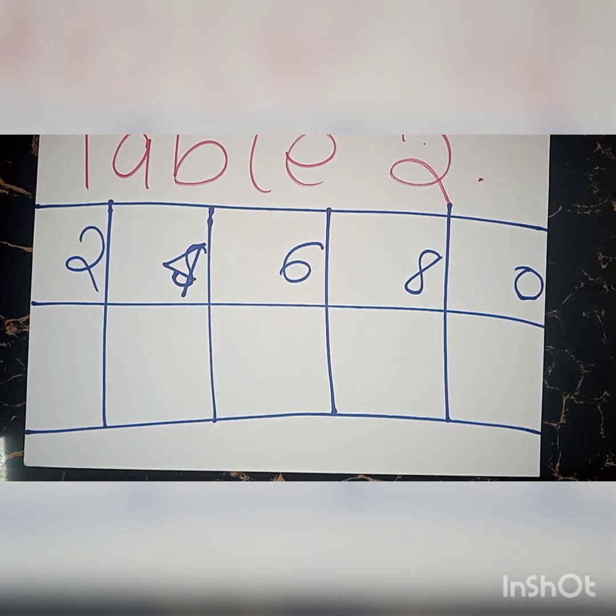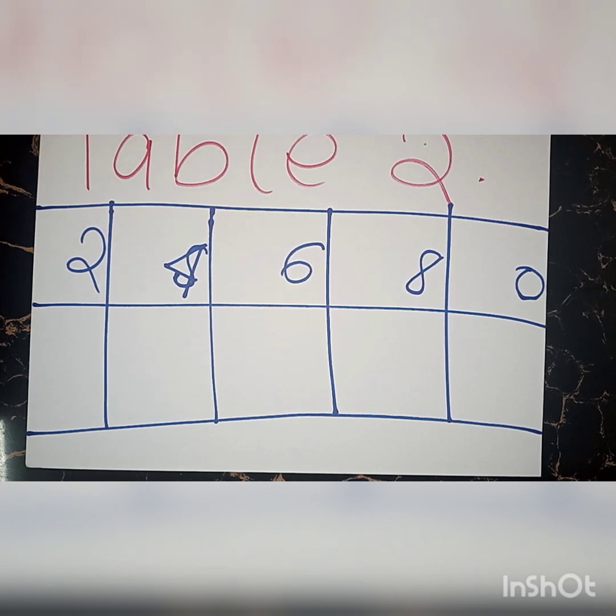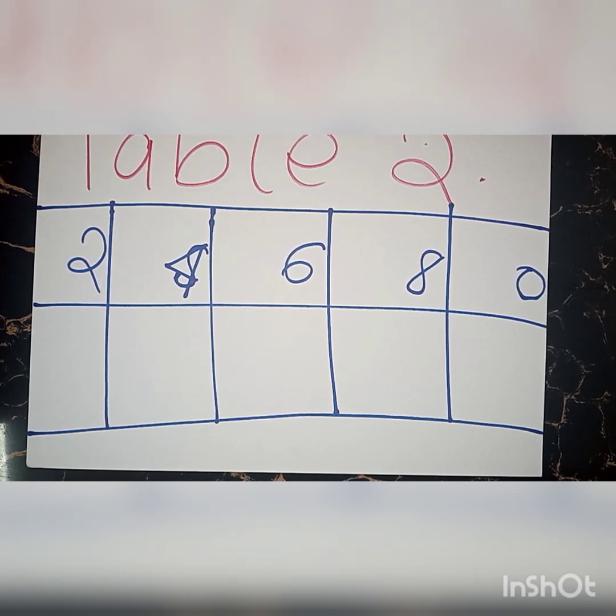Or we can look at it this way. We can also say for the digits in the ones place, we write all the even numbers from 2 to 10. Okay? But then again, we know that 10 is not a digit. And since we are talking about digits, we can't include 10 because 10 is not a digit.